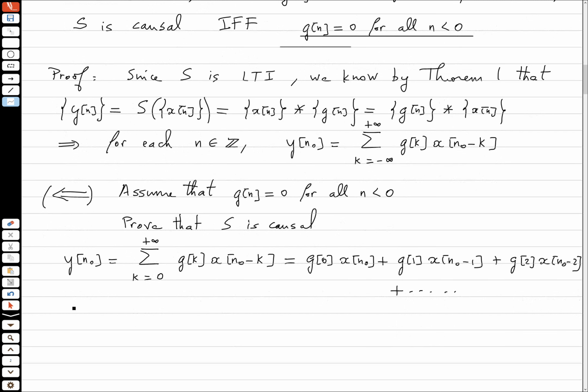We can already conclude. S depends on the present and the past. So it's causal. Wow.